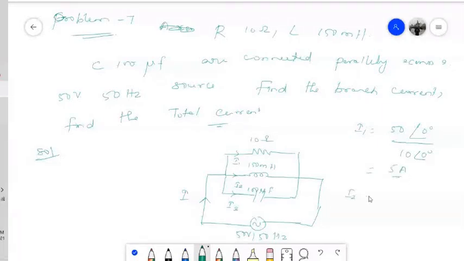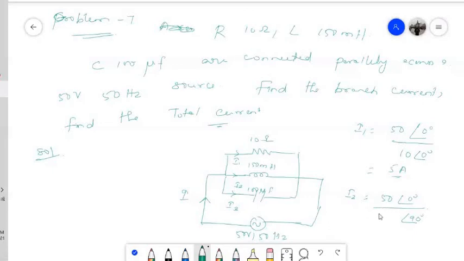What will be I2? Now this is a pure inductive network. We know that for the phase angle, you will be writing it to be 90 degree. So first of all, your V will be again same 0 degree, and the impedance will be j into XL. So in place of j, I am putting 90 degree, and what will be XL?